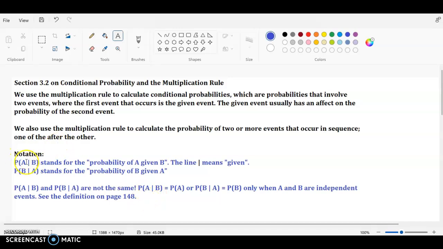When you see this notation, the given event always comes after the line, and the second event comes before. So it looks a little backwards, but the way that you read it should make sense.